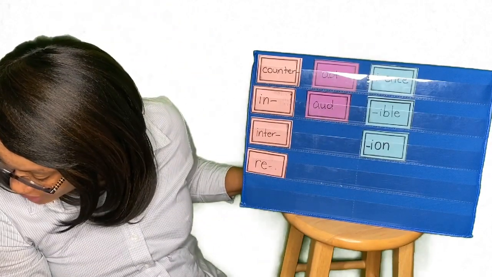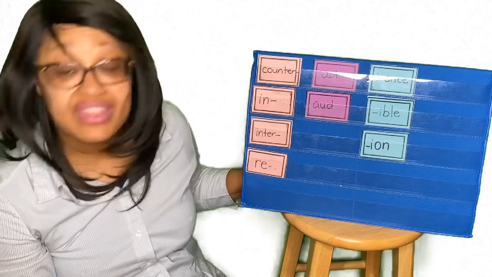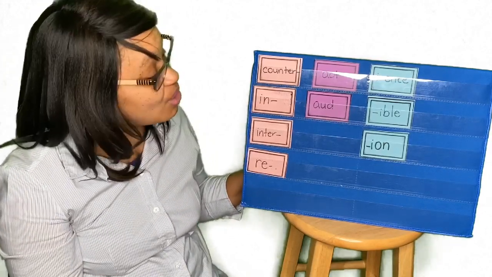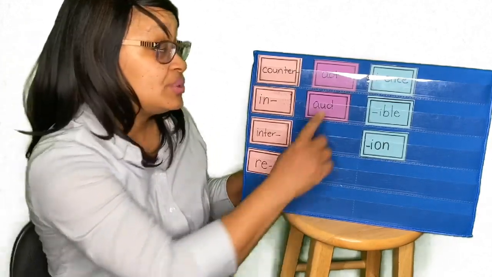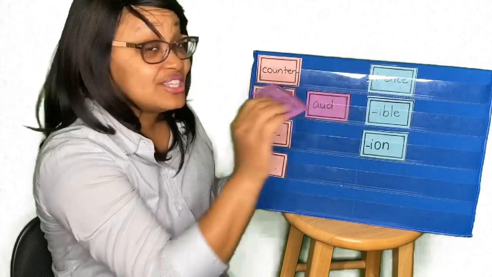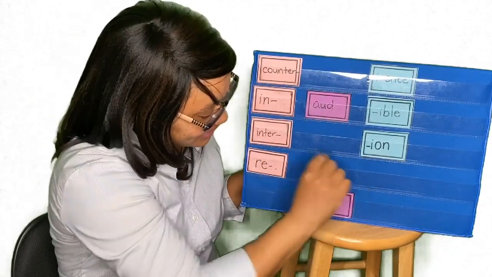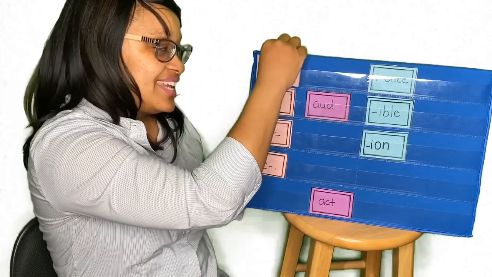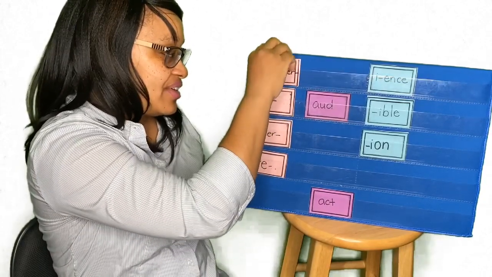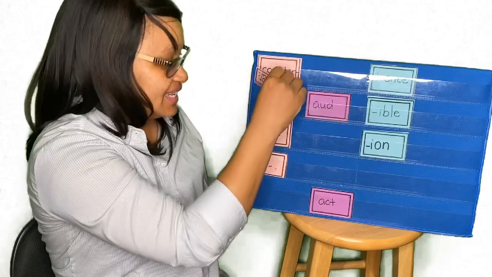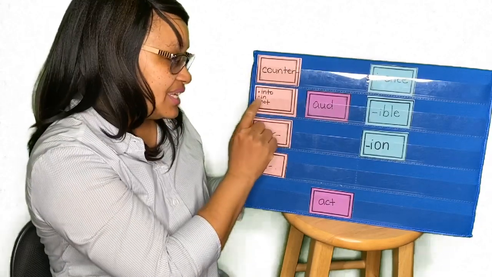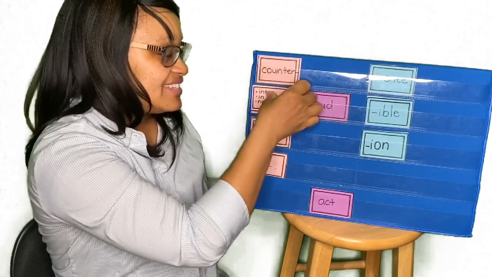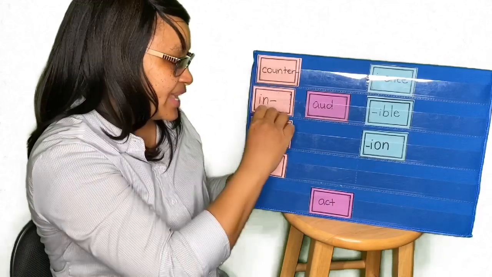Okay, let's try another one. To talk or do things with others. So we know act means to do. And with others, let's see. Counter is against or opposite. So that's not with others. In, into, in or not. That's not with others.